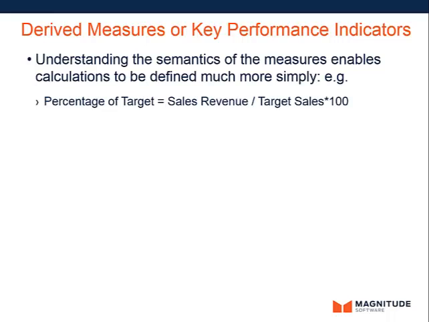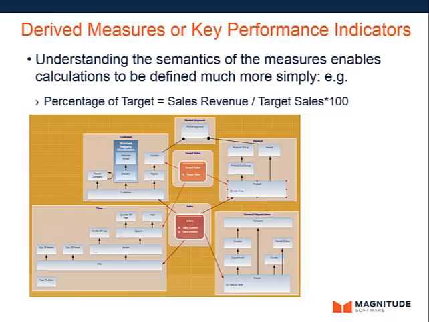Well, that's easy enough. But let's look at our model again, and we've got our sales revenue defined at a day level, and our targets defined at a quarter level. And our sales are defined for a customer, and our targets are defined for a country. So how do we make this calculation? Well, actually, you can see how to do it using the business model and looking at the arrows.